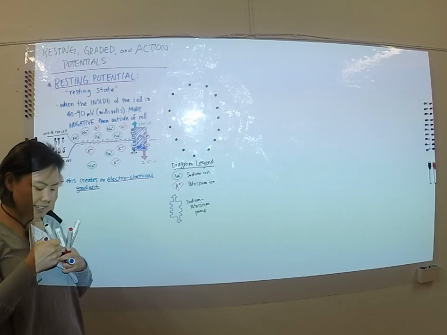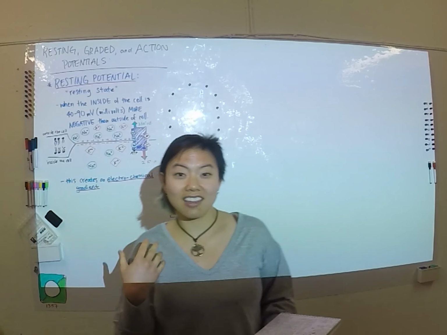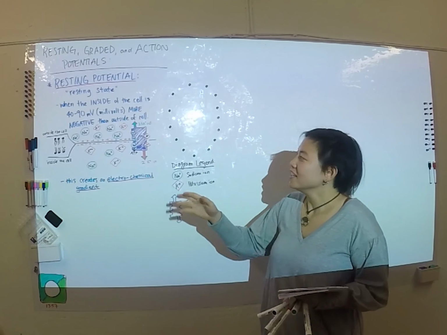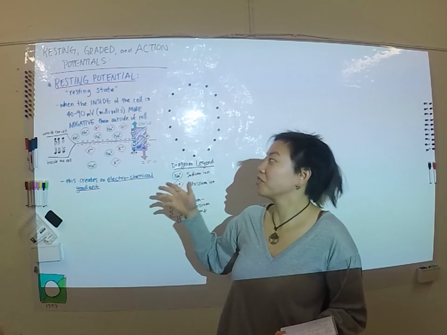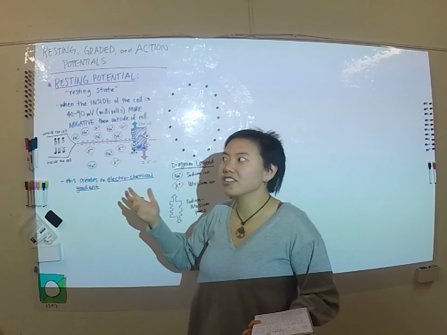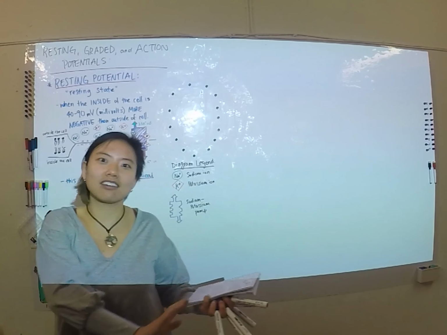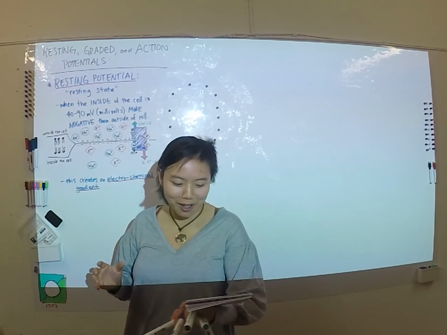So the main idea here is that ions always spread out when there's too many of them. So when there's too many sodium, the sodium all want to go to the other side of the membrane. And if there's too much potassium, then the potassium are like, I don't want to be next to other potassium, okay? So they're a little bit antisocial. You can think of it that way.